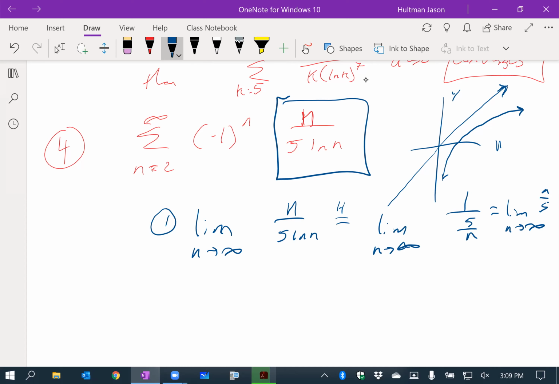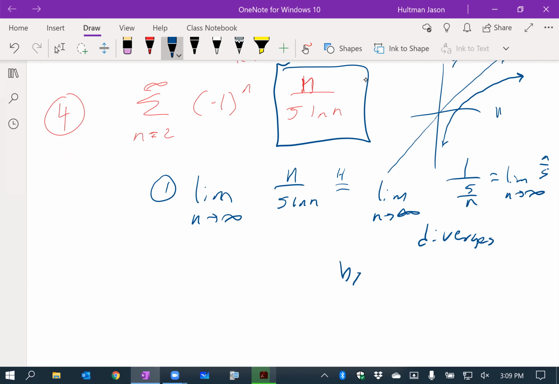Well, that's just going to go to infinity. So this diverges by the nth term test, or the divergence test.